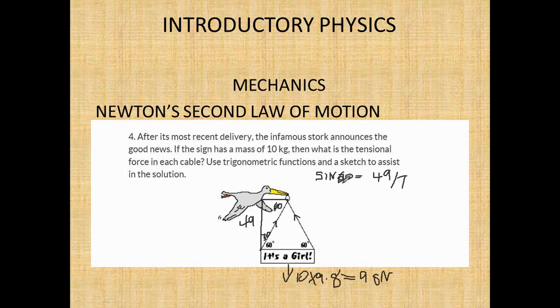Because this one is 30, this is 60. Sine of the angle is the opposite over the hypotenuse. We want the tension. So the tension is equal to 49 divided by the sine of 60.